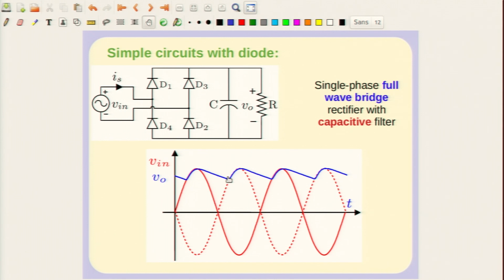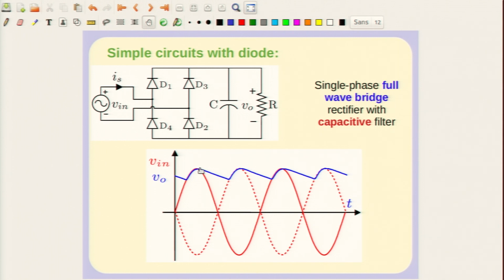If the capacitor is large enough, the rate of discharge is slower. If the capacitor is large or this resistance is large, the rate of discharge is low. It is shown as a straight line, but actually it is slightly exponential, a kind of RC decay. So if R or C are large, the decay is not much, since the time constant RC is quite large.